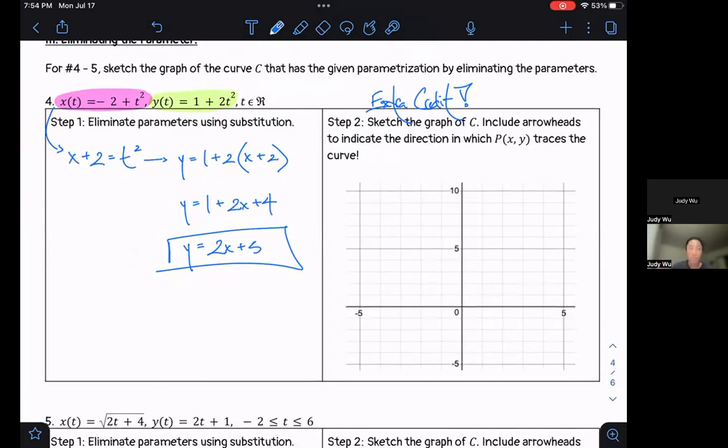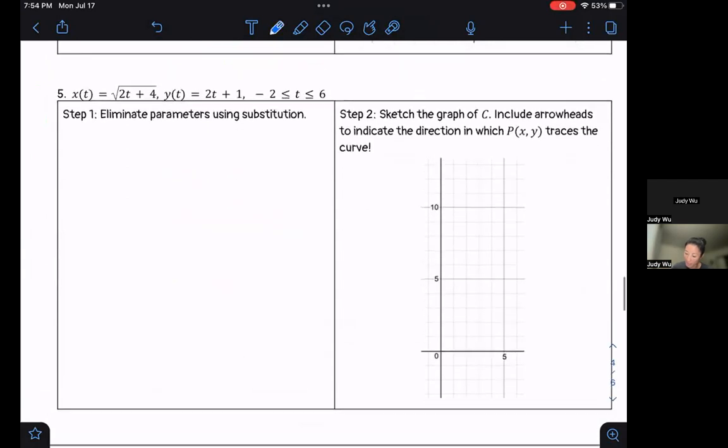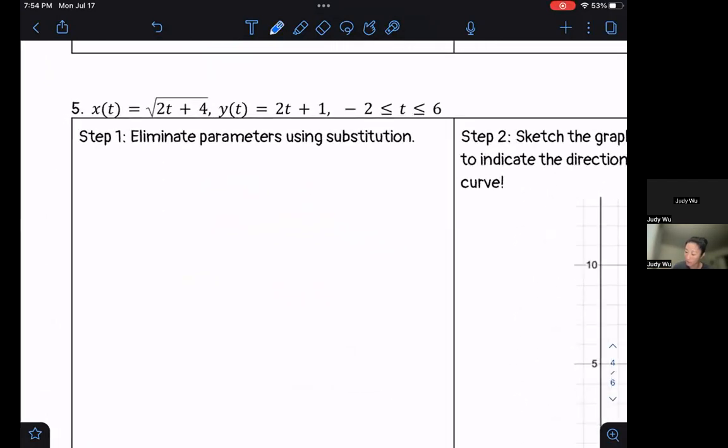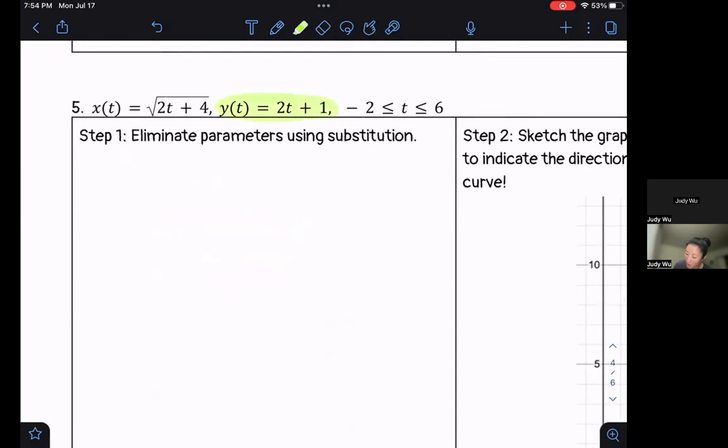Okay, all right. One last example here on eliminating the parameters using substitution. We've got our y equation. We've got our x equation. All right, so x and y. And we want to get rid of one of the t's, okay? So I'm going to start with the x equation, because if I take this equation and I square both sides, the square root goes away, okay?